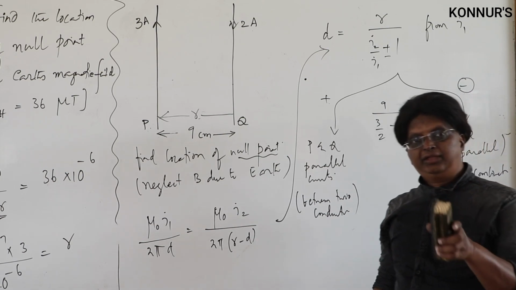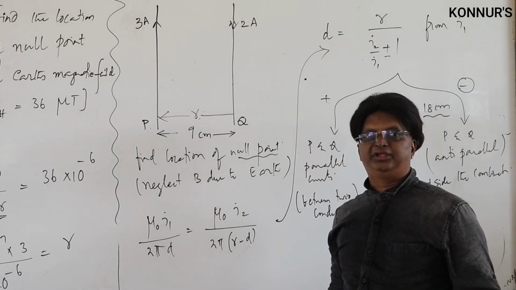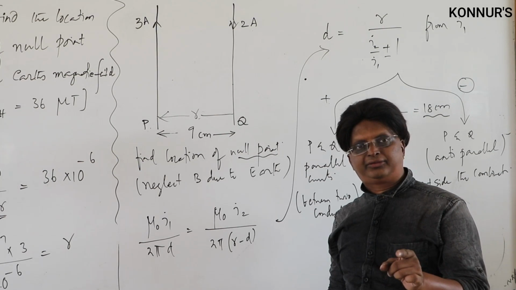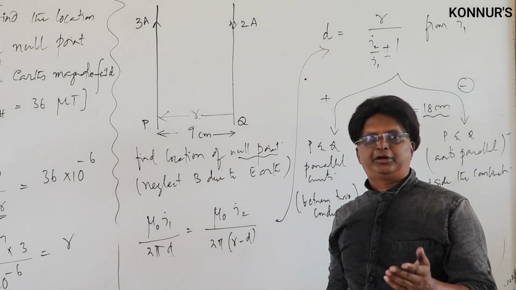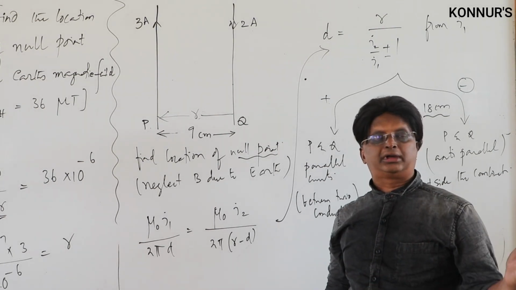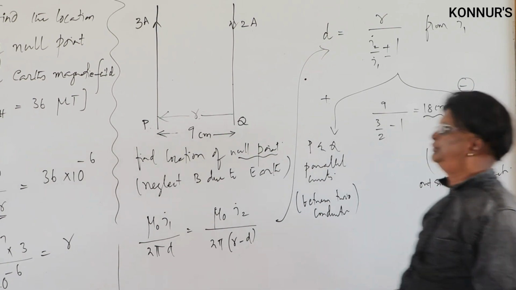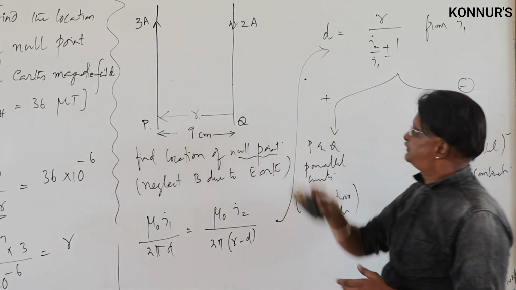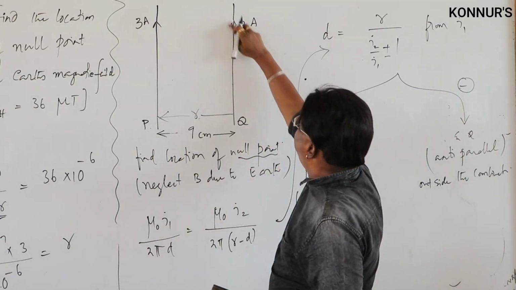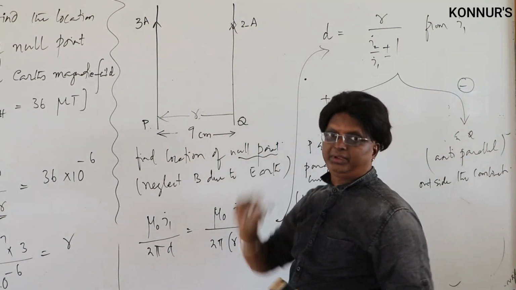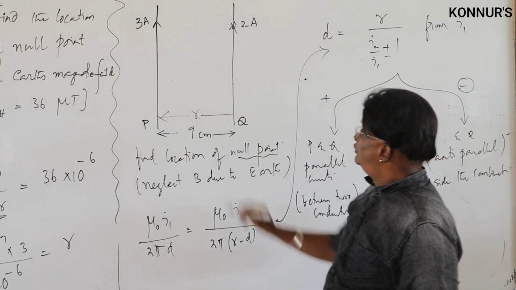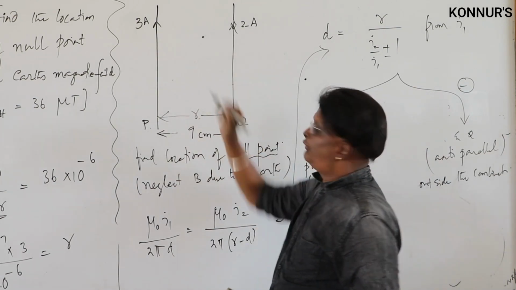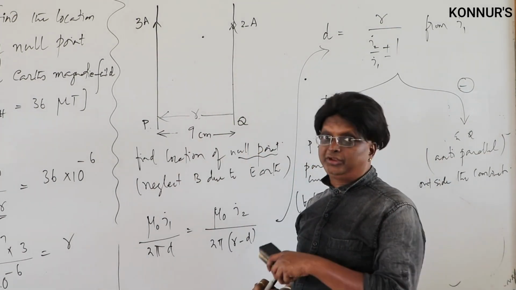Therefore, when you are finding the null point outside the combination, make sure which one is carrying a higher current or smaller current. Towards the smaller current, that you will get the null point is an important thing. Now, one more thing to remember: supposing earlier we have shown 3 amperes and 2 amperes like this. Now, suppose this is a null point, this is not a single null point that we get.